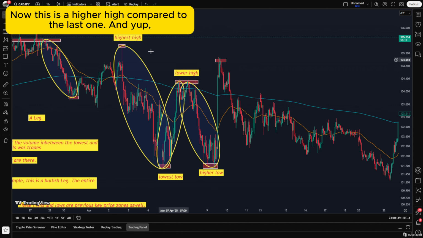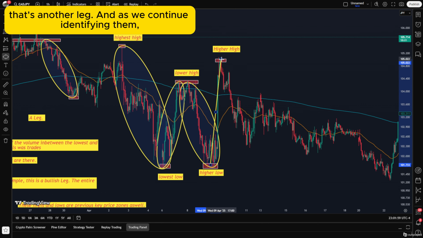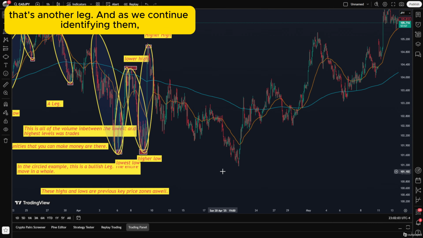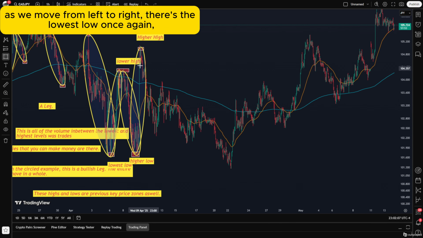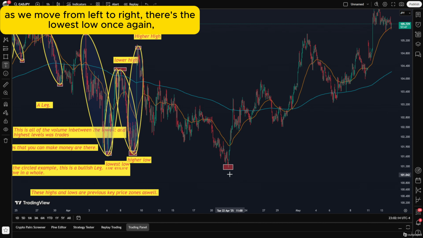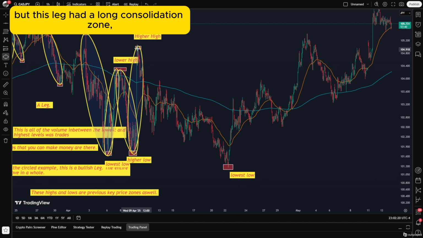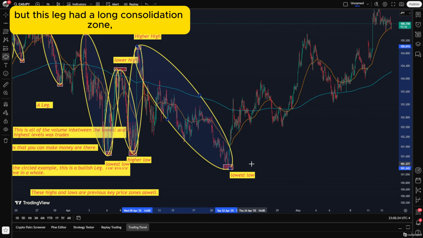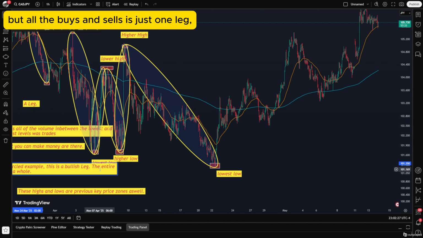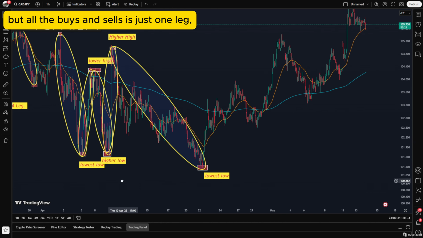Now this is a higher high compared to the last one. And yup, that's another leg. And as we continue identifying them as we move from left to right, there's the lowest low once again, but this leg had a long consolidation zone. But all the buys and sells is just one leg.